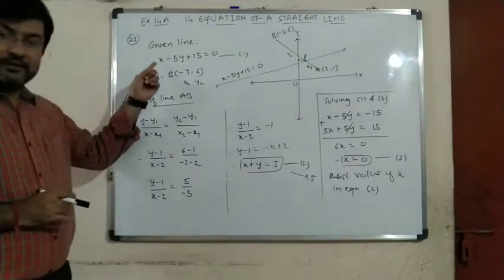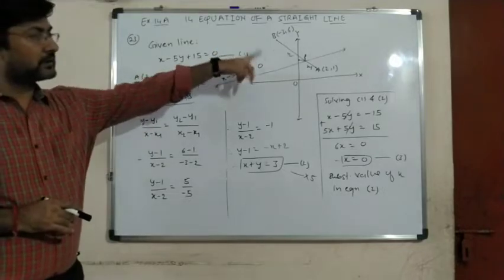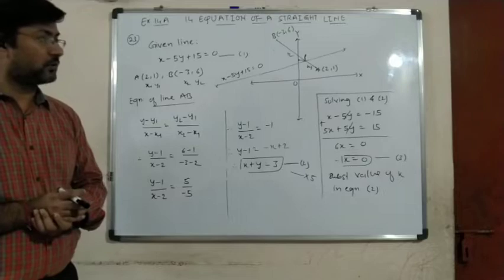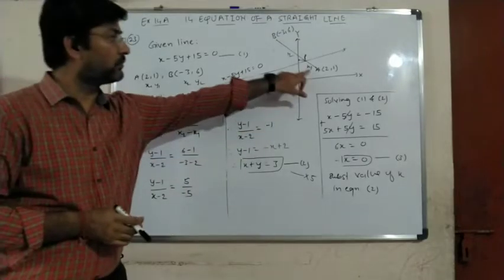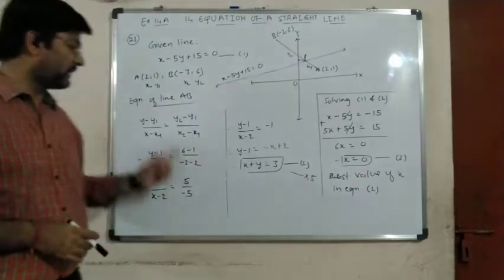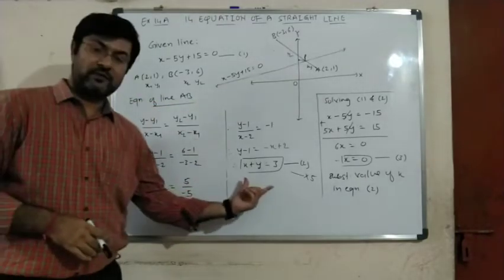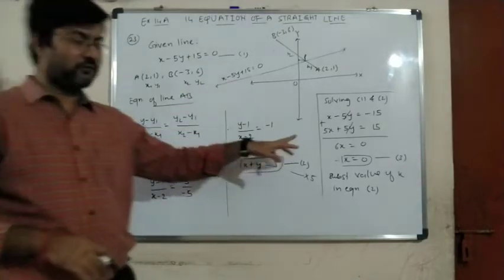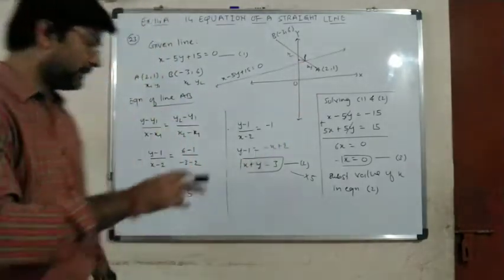We were given the equation of a line and the endpoints of line segment AB, we were given the coordinates. Yes or no? Coordinate of point A and coordinate of point B. So using the 2 points, we have first formed the equation of line AB. Now solving the first and second equation, we will get the coordinates of point P.